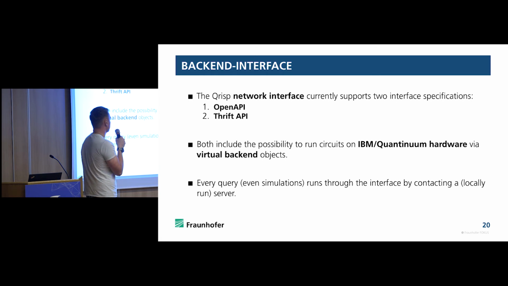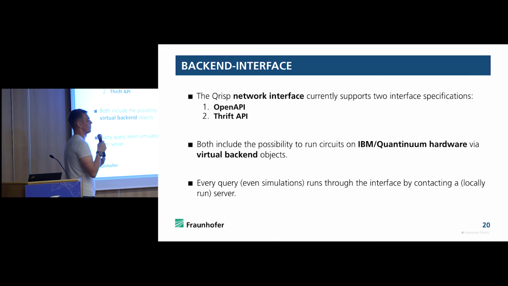Of course, as of right now, nobody supports our interface, so we have the possibility to run the circuits which Qrisp produces on IBM or Quantinuum hardware using virtual backend objects. And to ensure that when you're running a circuit, there's no extra information transmitted to the simulator or something like this, we run every query through the interface by contacting a locally run server.